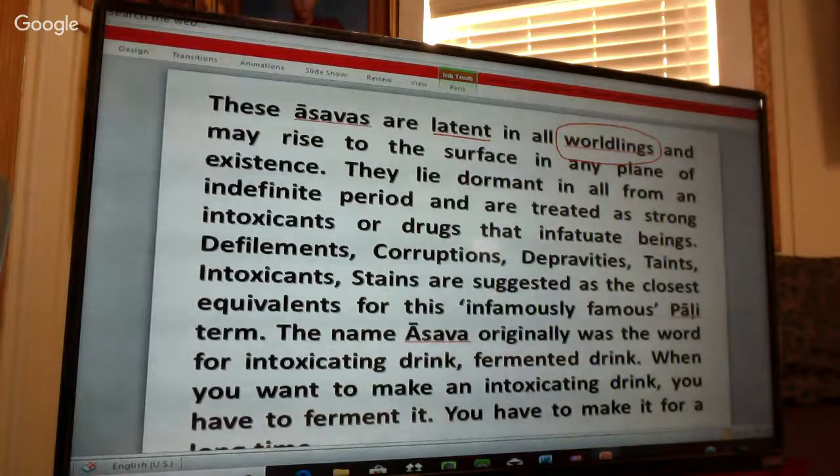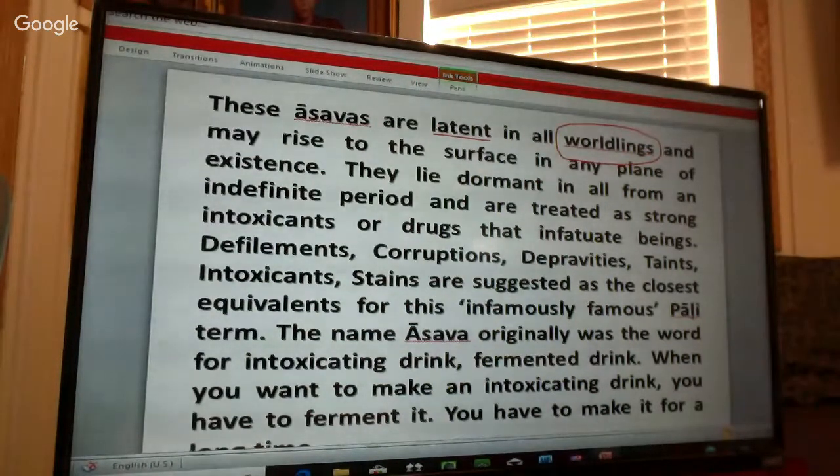So another explanation of the asava is a very strong alcohol, a very strong intoxicant. It has many names: defilement, corruption, depravity, taint, intoxicant, stain. The closest equivalent in the familiar Pali term is asava.